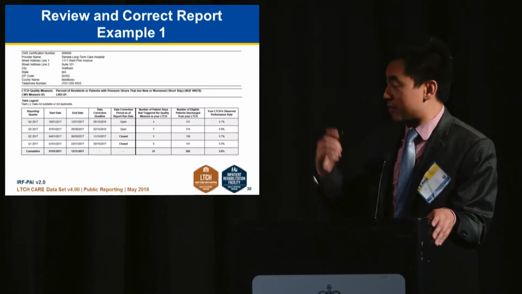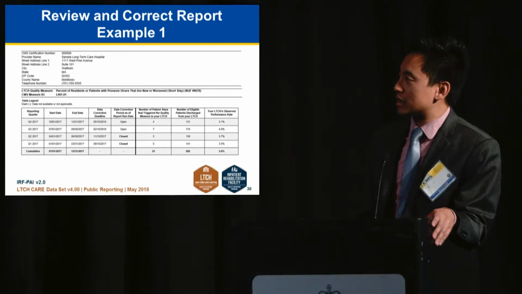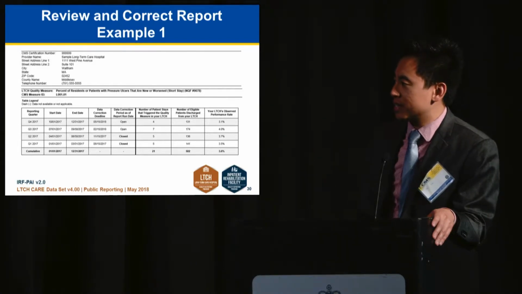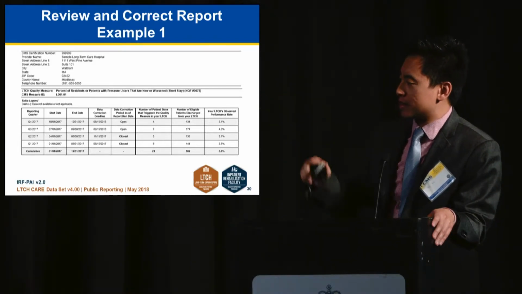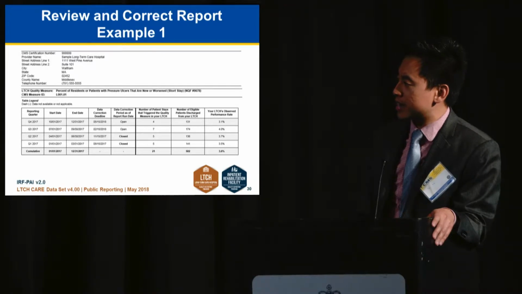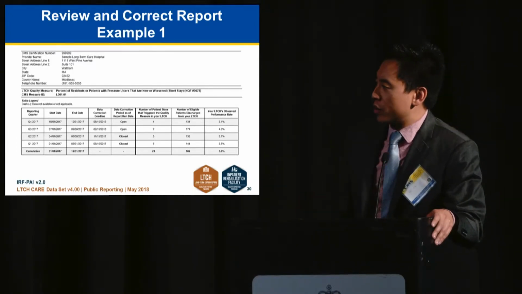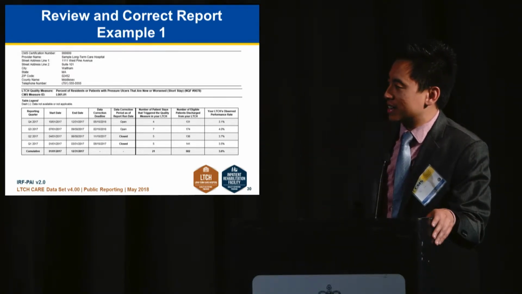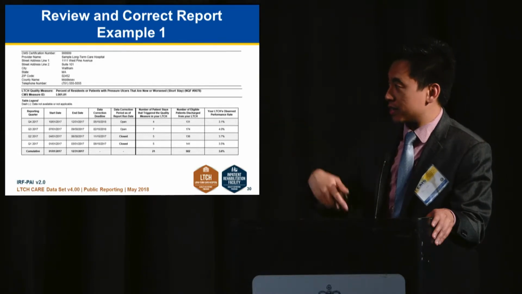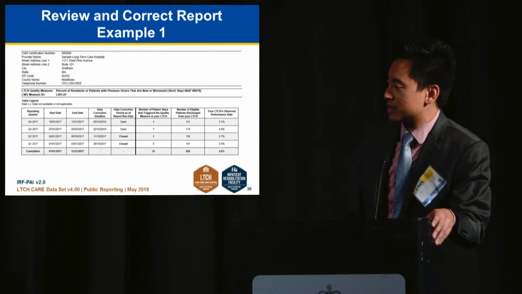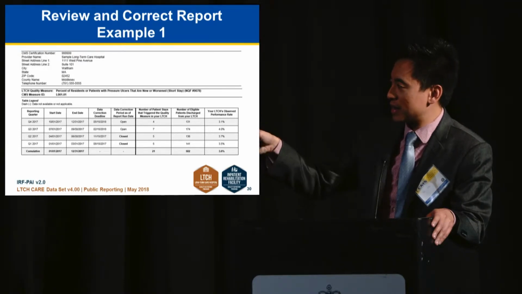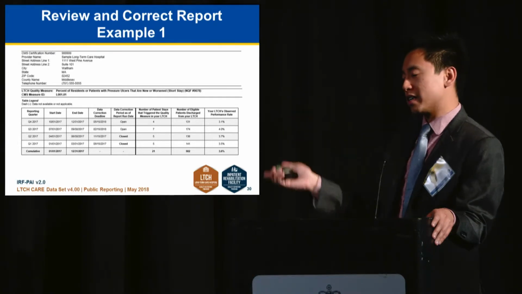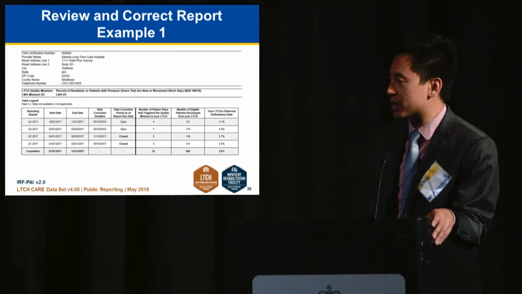And as many of you have seen, this is the review and correct report. On the top, you'll see your provider information, and then the measure name, the CMS measure ID, and then your quarterly results. You'll see the start date, end date, data correction deadline, whether the data correction period is open or closed, then your numerator, denominator, and then the observed percent, which is numerator divided by denominator multiplied by 100.